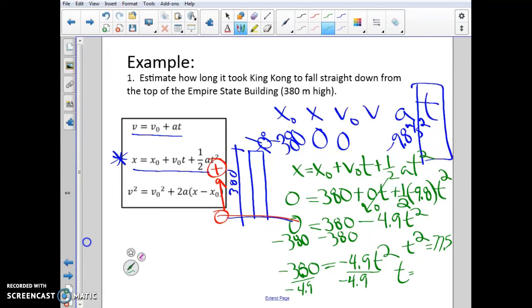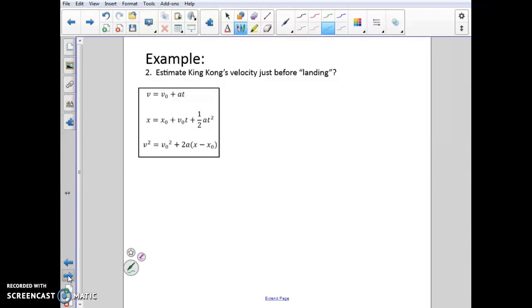So t equals, when I take the square root of both sides, 8.8 seconds. So we're using the same equations, the same process, because we've got constant acceleration. We're reading the problem, trying to find our clues. The clues were that we had 0 velocity initially, the final position was 0, and our acceleration was negative 9.8. The second part of this question says estimate King Kong's velocity just before landing.